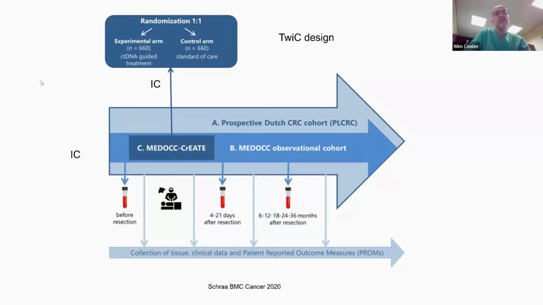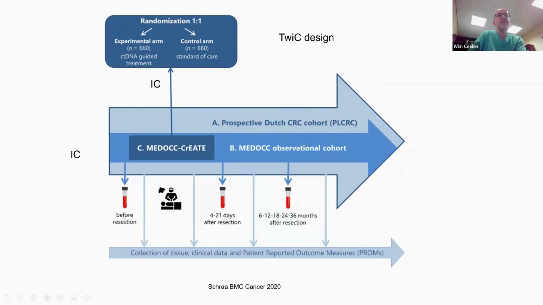This is an example of a so-called trial within a cohort design. This is a Dutch study. The protocol that you see here was published in 2020, and this is an ongoing trial. And what they did here is put all the patients who underwent a resection for colon cancer or colorectal cancer stage 2 in a prospective cohort, and then patients provide an informed consent at the start of the inclusion of the cohort.